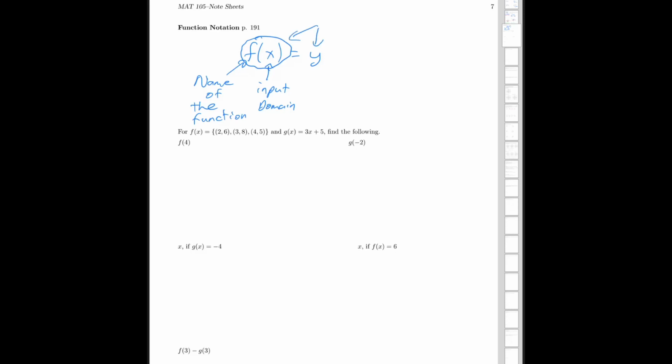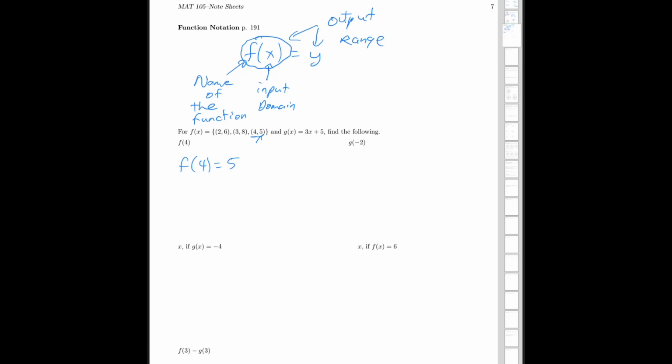So either f of x or y is the output or range of the function. So if we use this notation, something like f of 4 means what is the output of the function if the input is 4. So if we look, when the x value is 4, the y value is 5. So f of 4 would equal 5.